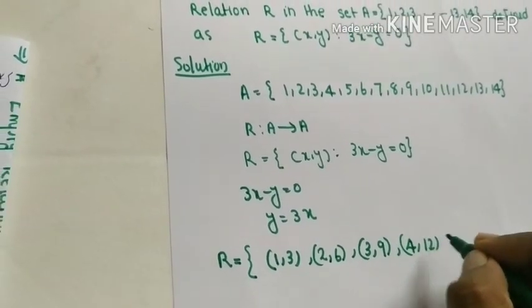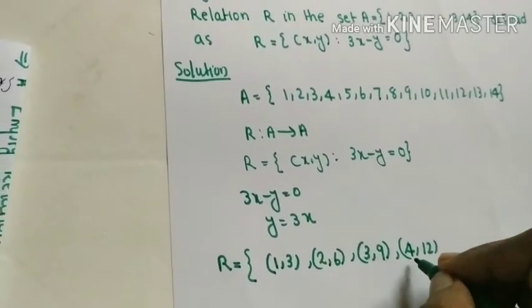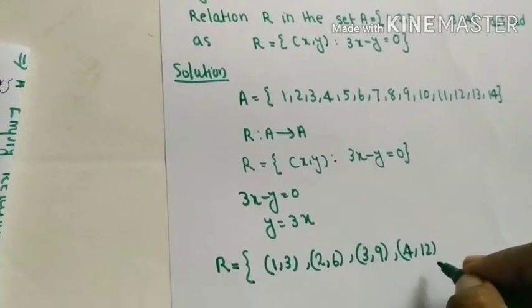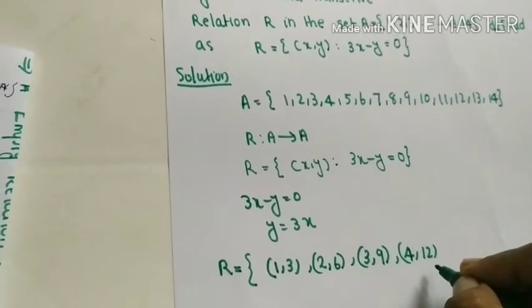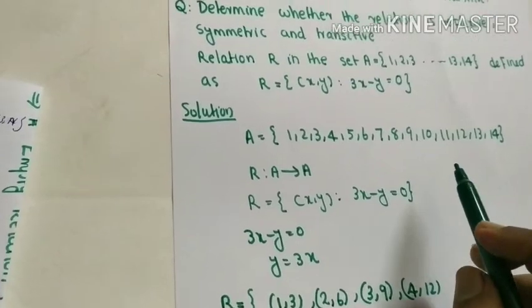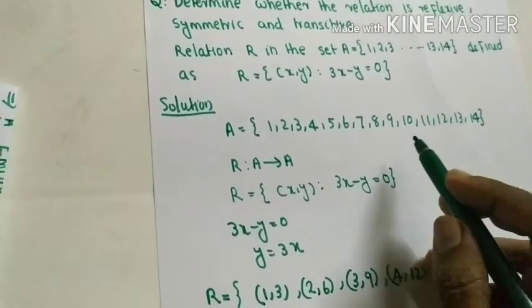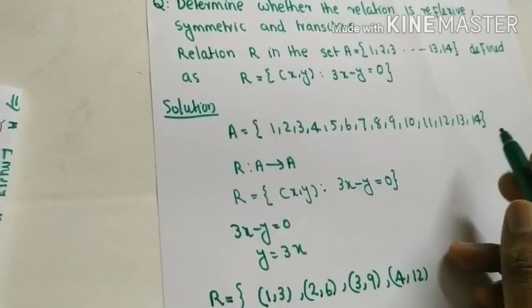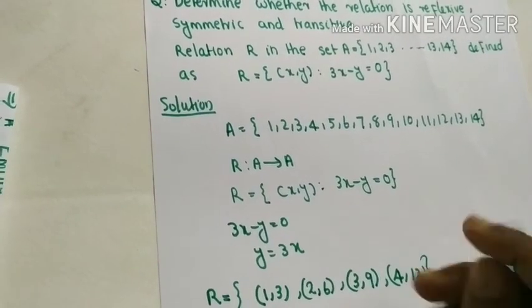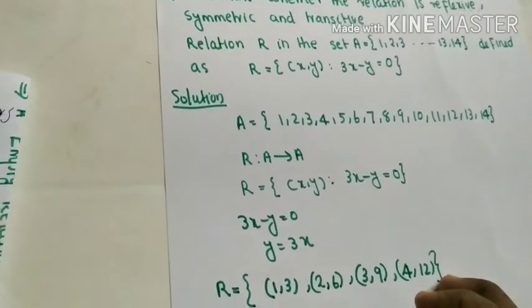And 5 is not here because if x equals 5, y will be 15, which is not available in the given set. So this is our relation.